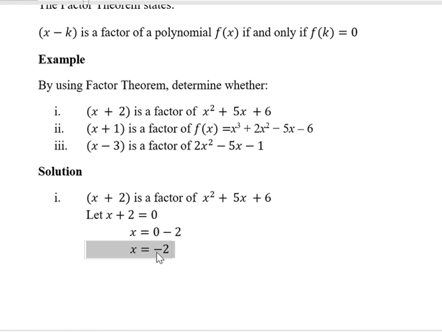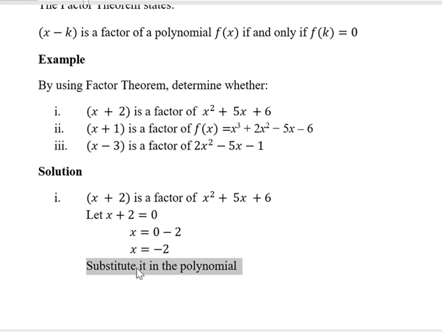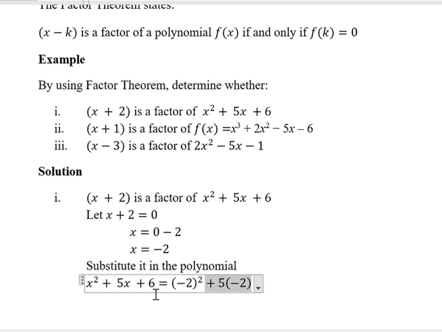Now take this negative 2, x is equal to negative 2, and substitute it in the polynomial. Where you see x, substitute negative 2. So we shall have x squared plus 5x plus 6 being equal to negative 2 squared plus 5 times negative 2, and then plus 6, because this 6 does not have an x, so we just write it, it's a constant.